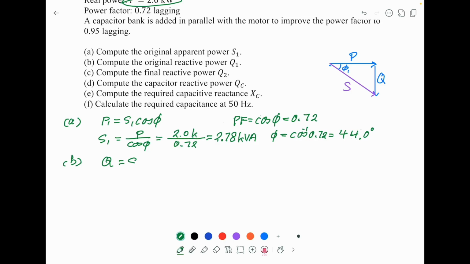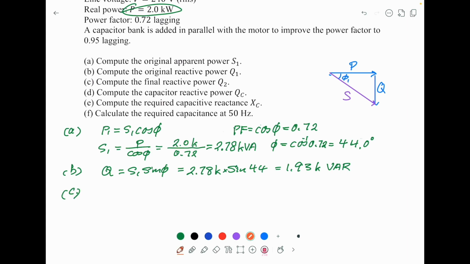Q1 is S1 sine phi, so it's equal to 2.78 K times sine 44 degrees, and it is equal to 1.93 K VAR.